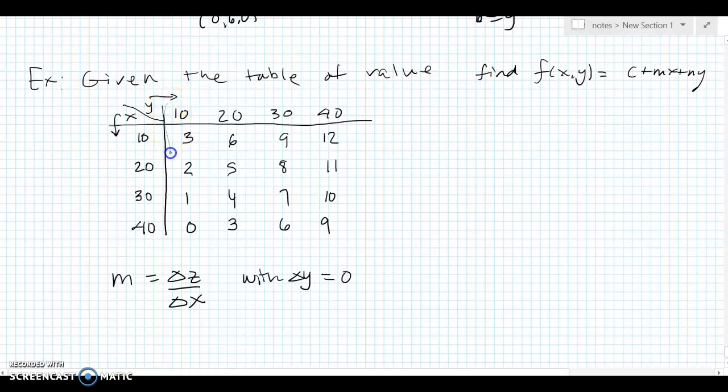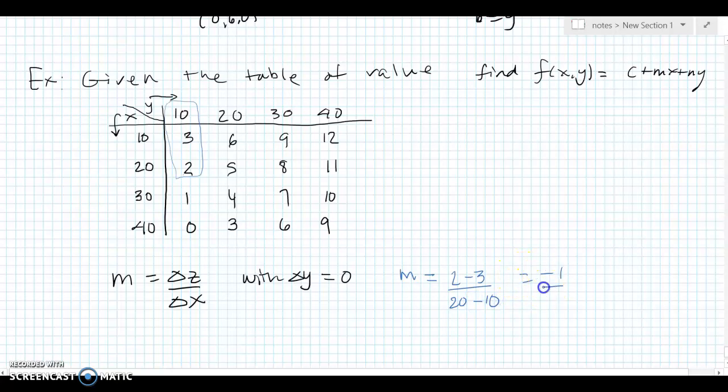So I would get that m equals the change in z, that's 2 minus 3, divided by the change in x, that would be 20 minus 10.